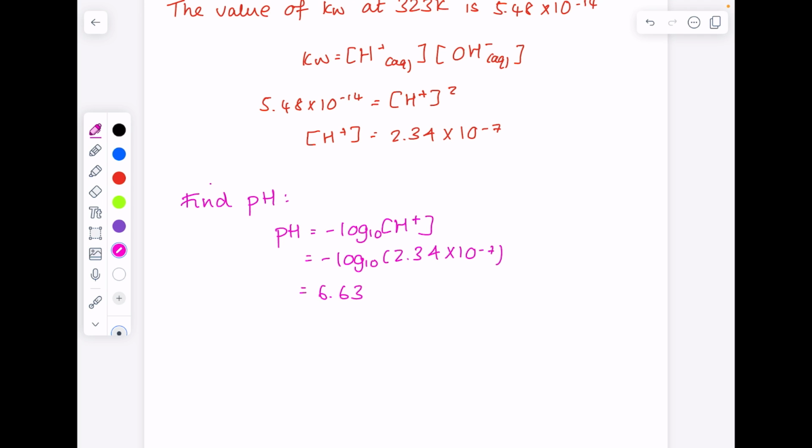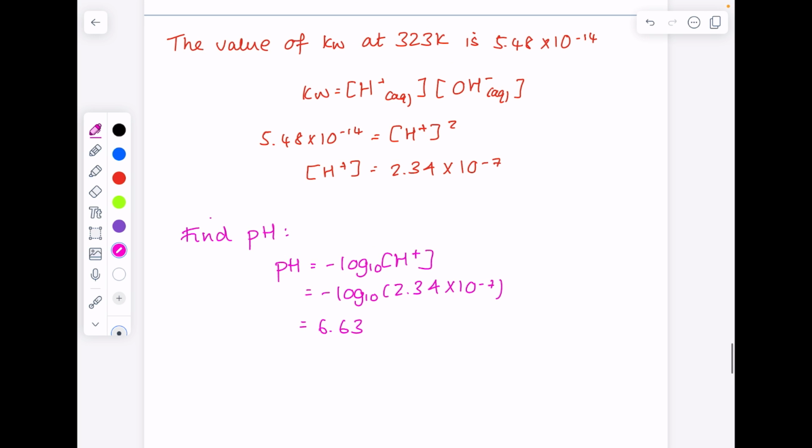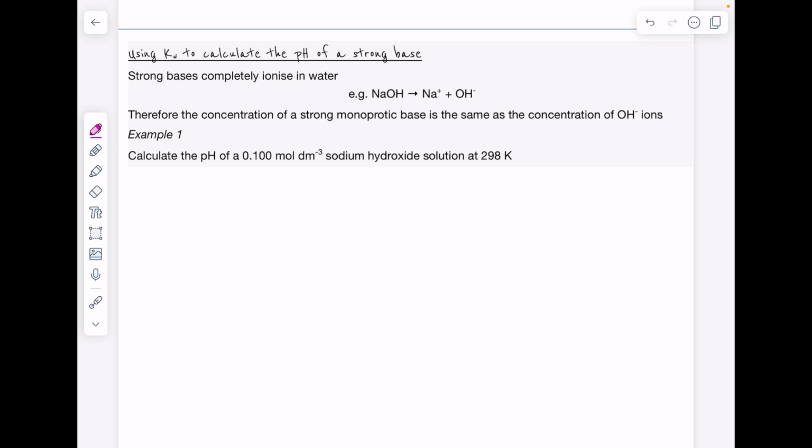So we can see here that the pH has decreased slightly. The odd thing here, though, is that despite the fact the pH has decreased, pure water we still count as being neutral because the concentration of H+ ions equals the concentration of hydroxide ions.